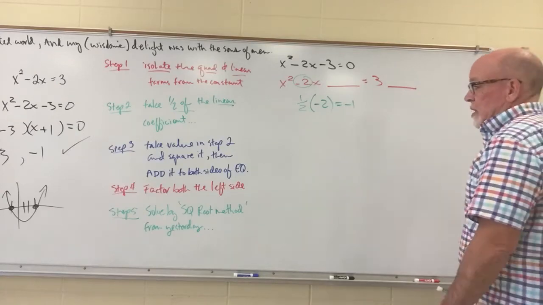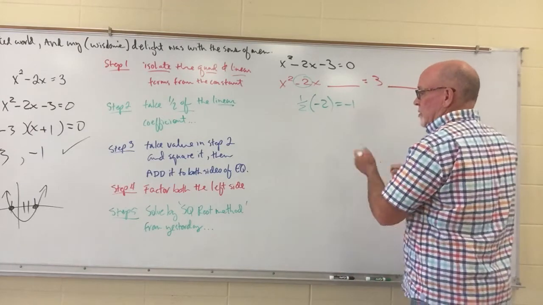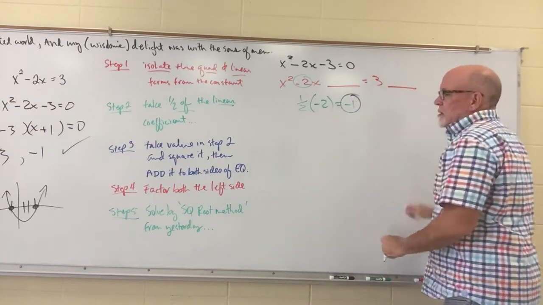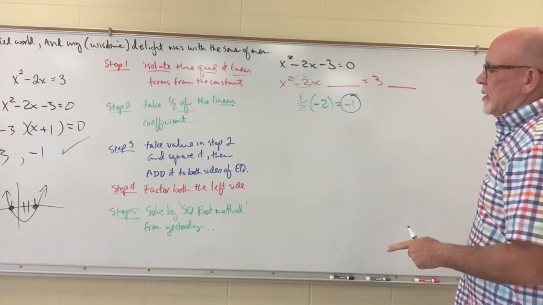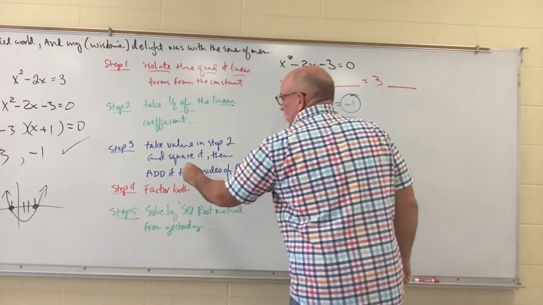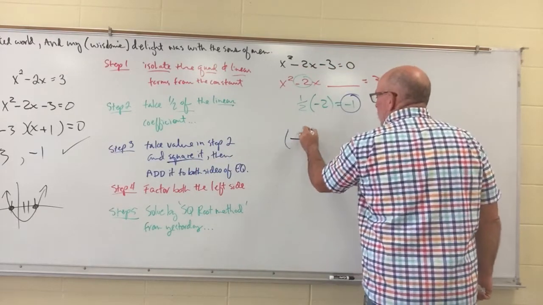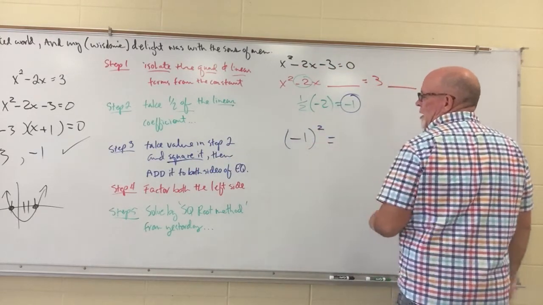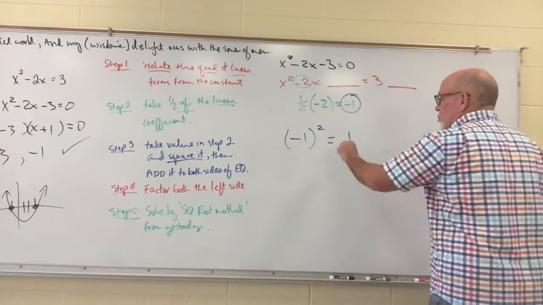Okay. Step number 3 says take the value that we found in step number 2, and we're going to square it. That means we're going to take -1 and square that value. What is -1 times -1? It's a positive 1.